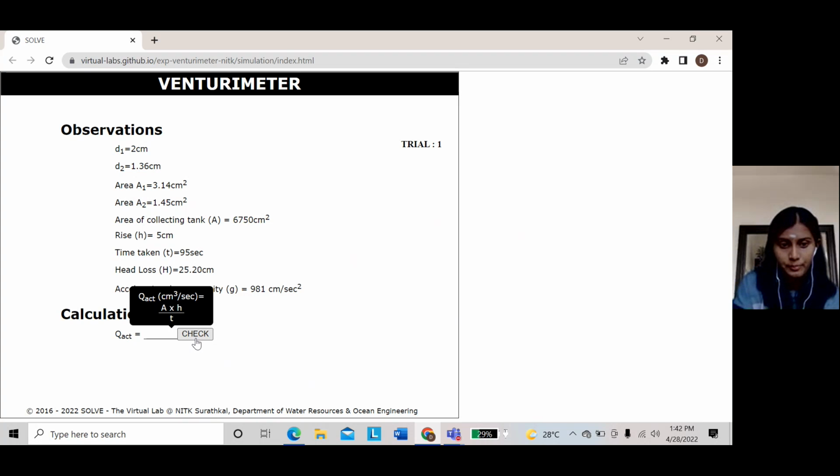The formula for actual discharge is area of collecting tank times the rise, divided by time taken. 6750 times 5, divided by 95, we get 355.26. Check. So it's correct.